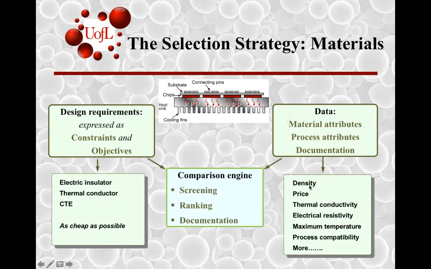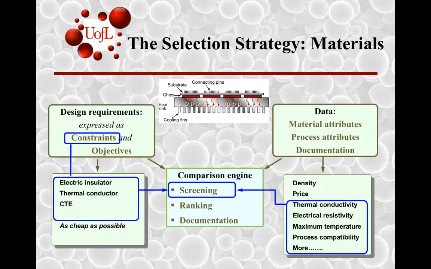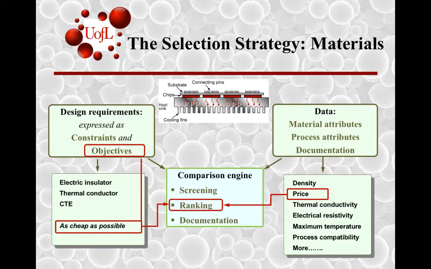In CES, there is a comparison engine available between the design requirements that are expressed and material attributes over a wide range that fit the bill. You can initially screen to look at options that fit the minimum requirements, and then you can rank them based on this optimization or objective consideration of the design.